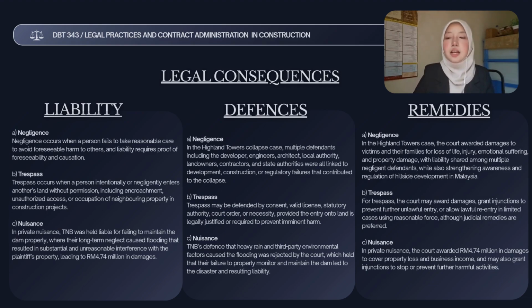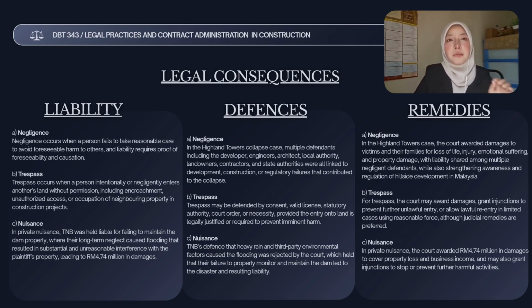Next, for defense, a defendant can avoid liability if they have a valid legal defense. In negligence, the defendant in the Highland Tower case argued the heavy rainfall caused the collapse, but the court found that poor site management was the main cause.